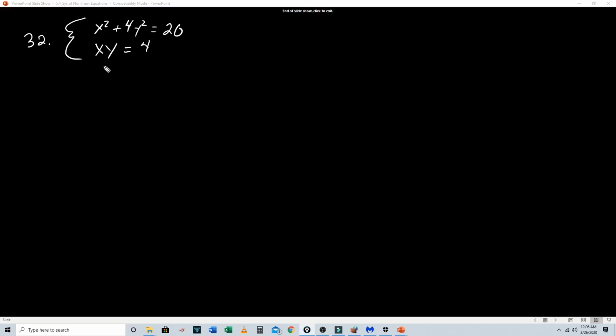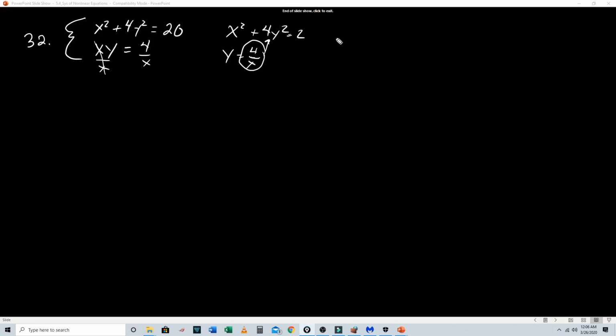Let's say I solve for y here by dividing by x. Okay, that cancels. I get x squared plus 4y squared equals 20, and y is equal to 4 over x. I'm going to plug this in for y.